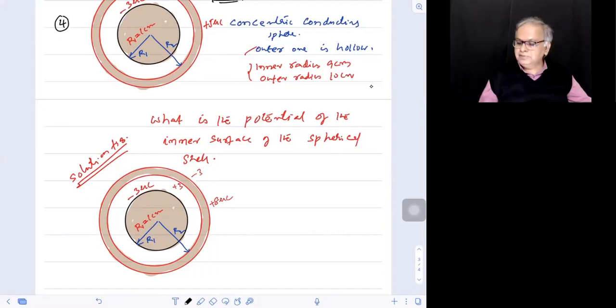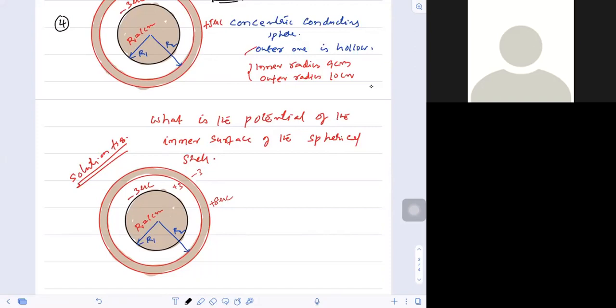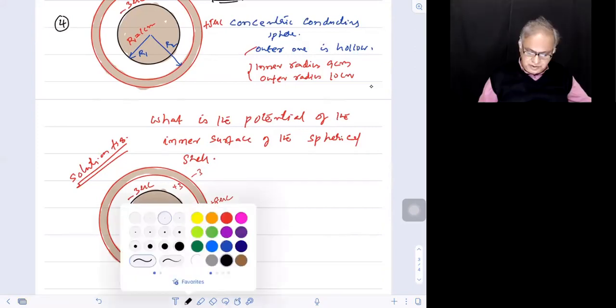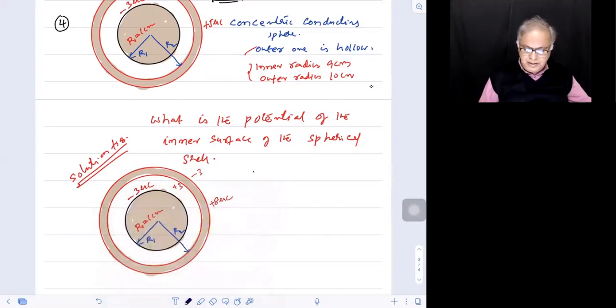So what should I do? The potential at the inner surface. The required answer, V equals... Shall I write like this?